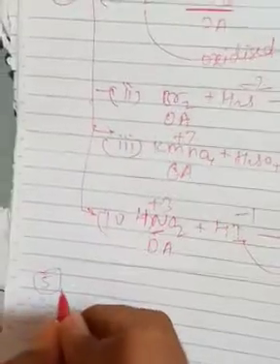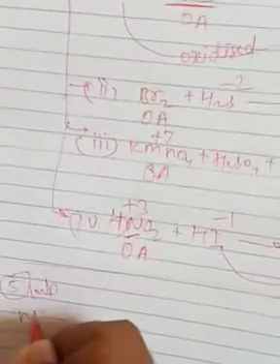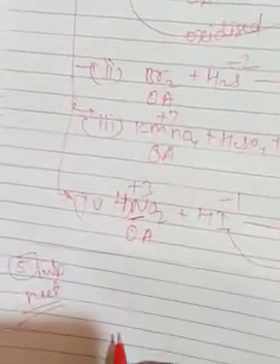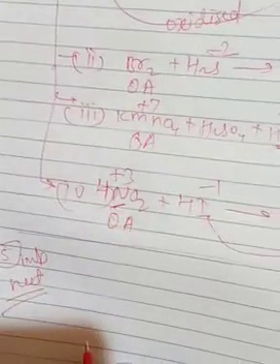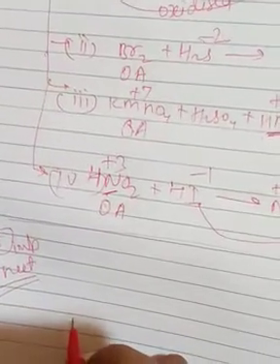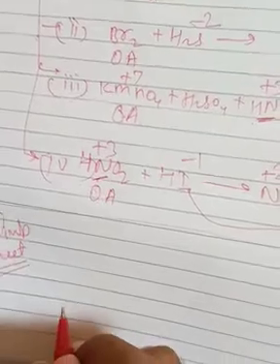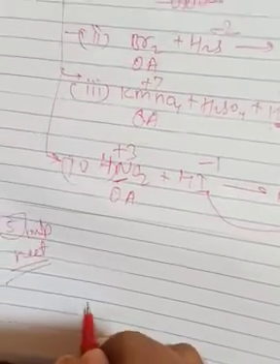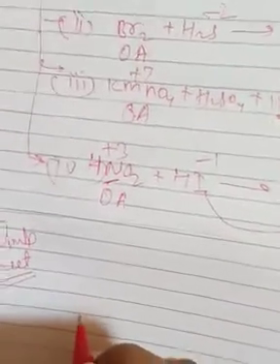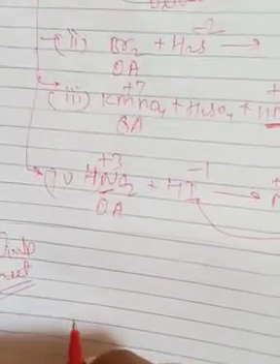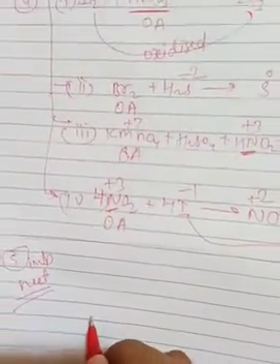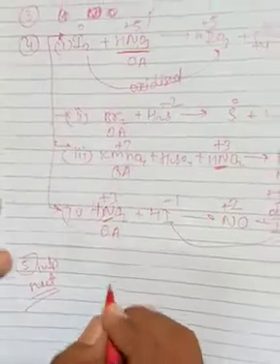Now the fifth point, which is very important for NEET. Sometimes in a compound, two or more atoms of the same element are present, and it is not necessary that each atom has the same oxidation state.